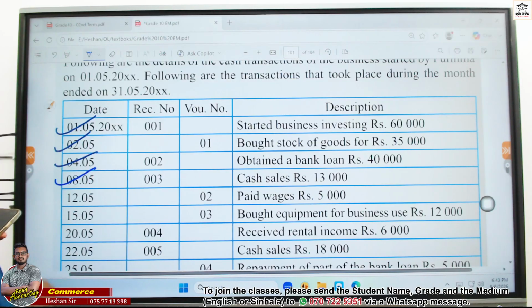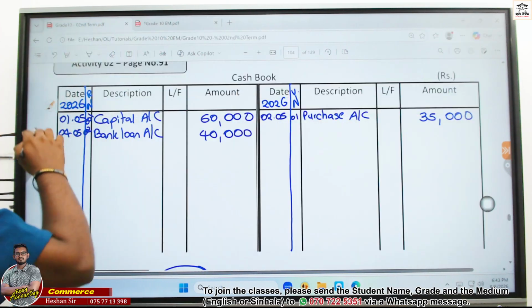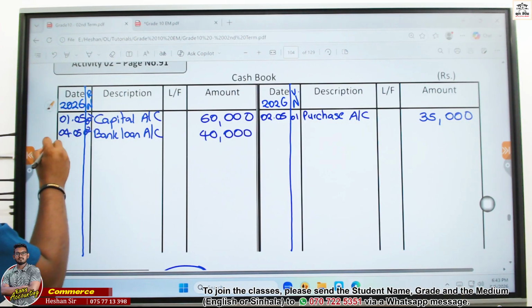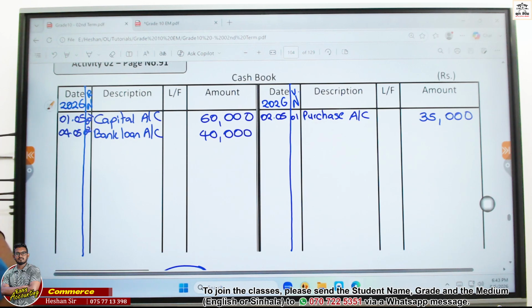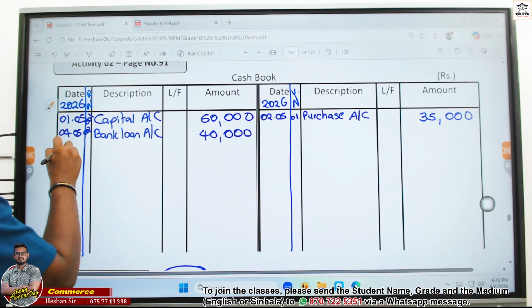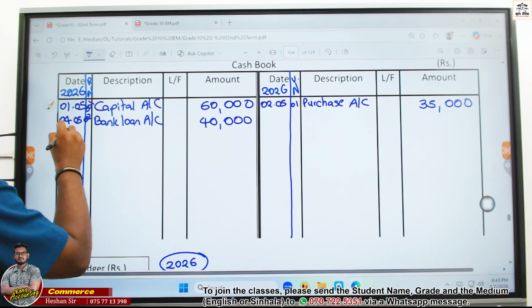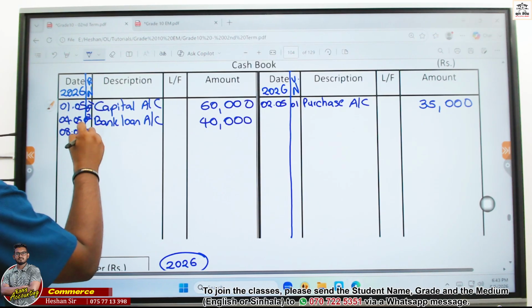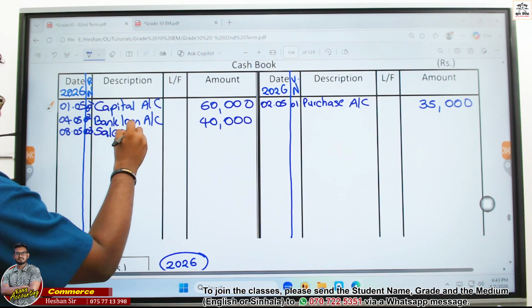Cash sales 13,000, 8th of May. Receipt 003. Sales account.